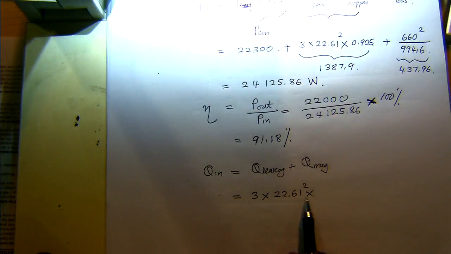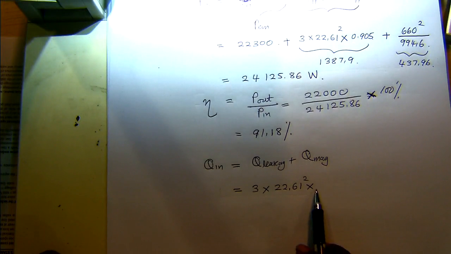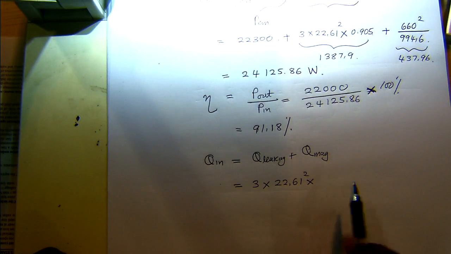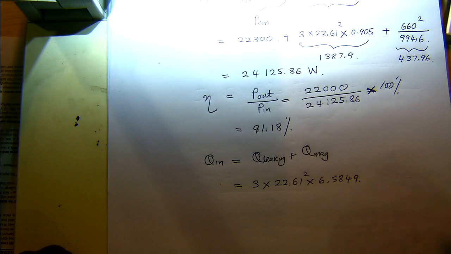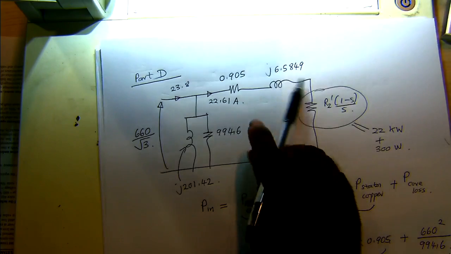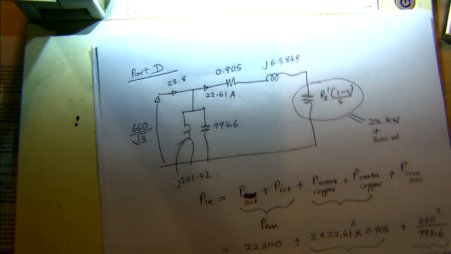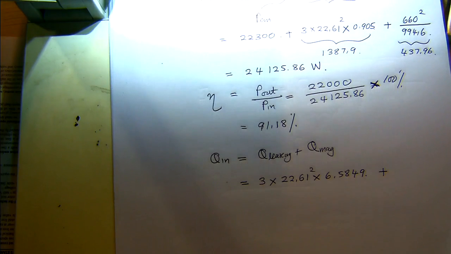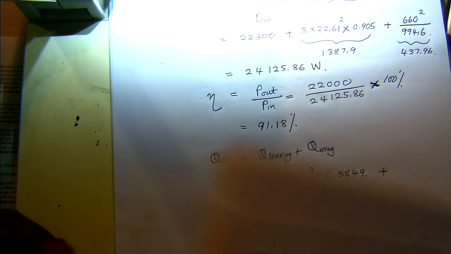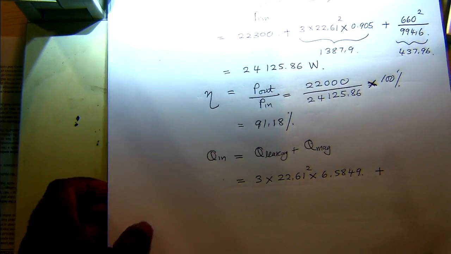That's here, you'll have 6.5849, that's the leakage reactance. That's the value here. And then the magnetizing reactance will be V line to line squared over X magnetizing reactance, which is 201.42.